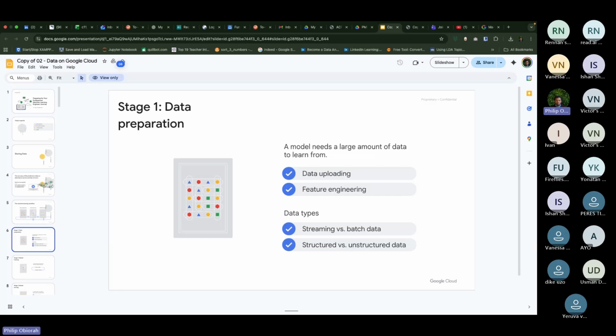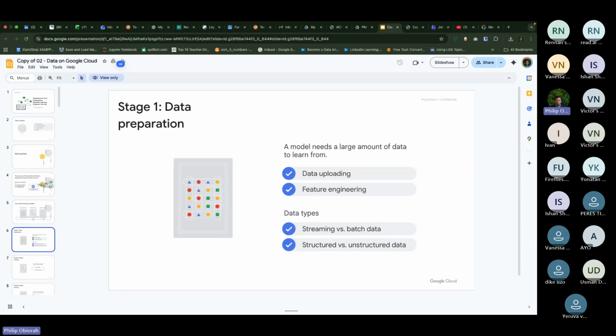Sometimes our data could be streaming data or batch data. Streaming data could be coming from sensors in real time, or maybe gaming applications. You have this real-time data coming in.